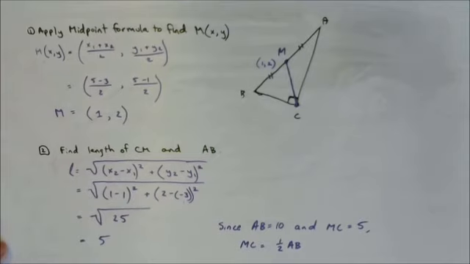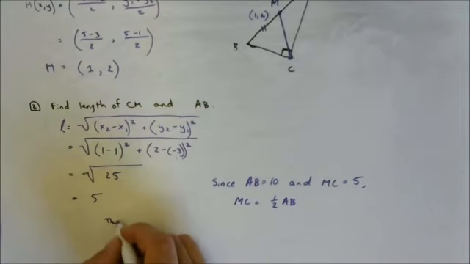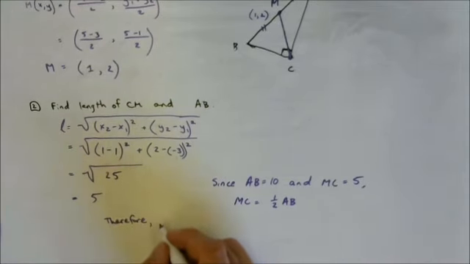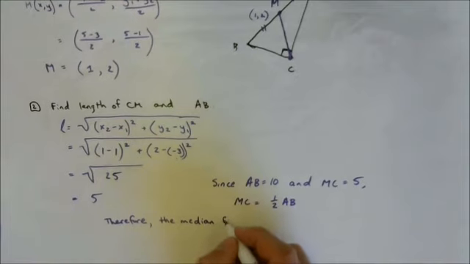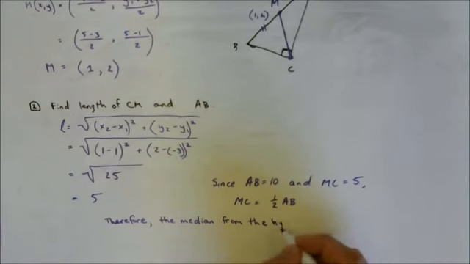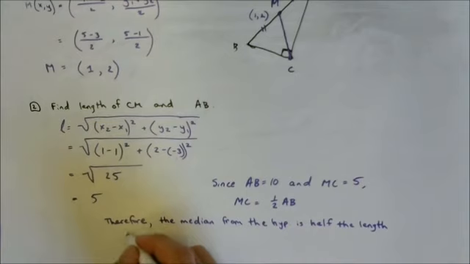So what did we actually find out? Writing a statement, because this is what you have to actually remember. Therefore, the median from the hypotenuse, that's our line CM in our diagram, the median from the hypotenuse is half the length of the hypotenuse.